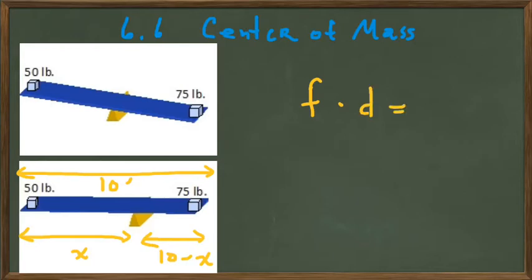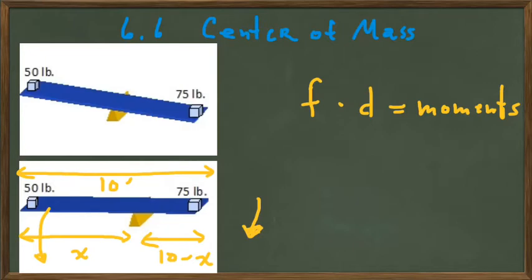We call these moments. This right moment is a force that would swing the seesaw that way, and this left moment, 50 times x, is a force that would swing the seesaw that way.